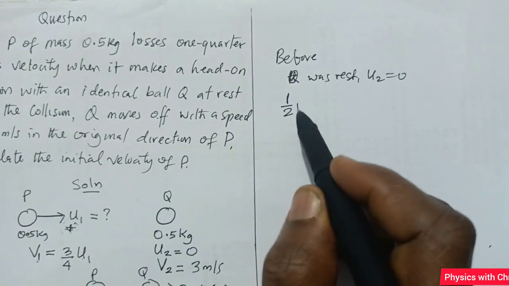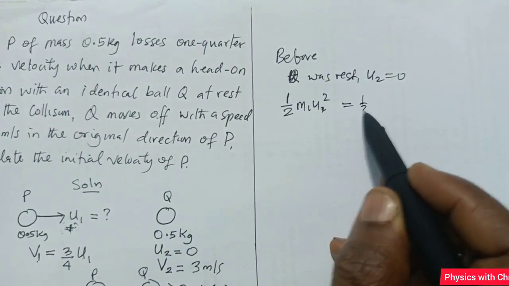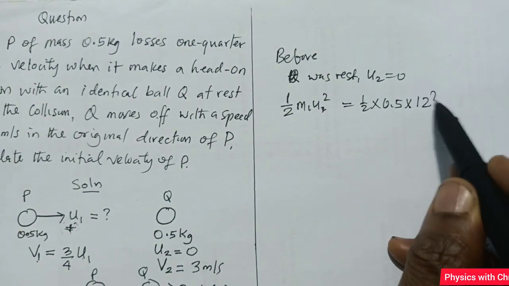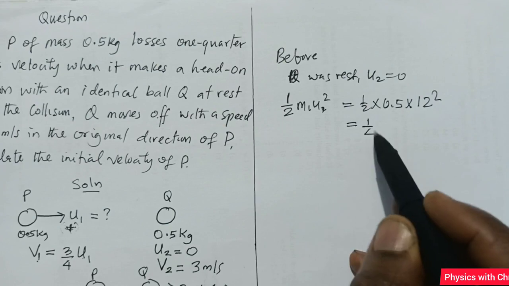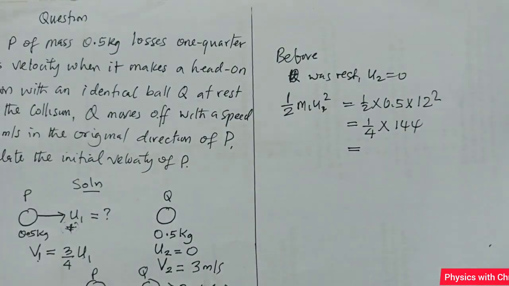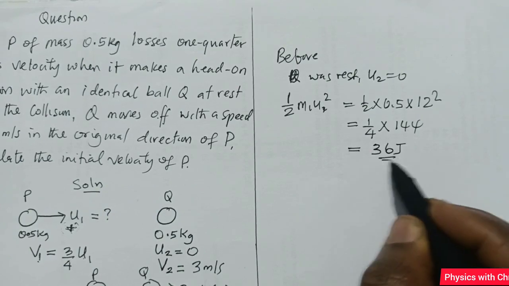That is half m1 u1 squared, which is equal to half times 0.5 times 12 squared. That gives me 1 over 4 times 144. So 144 divided by 4 gives me 36. So that is the total initial kinetic energy of the two masses.